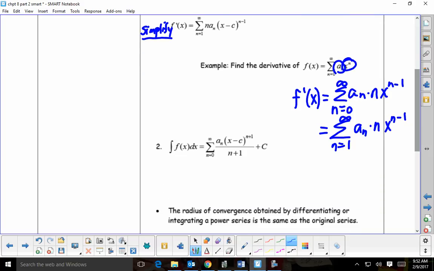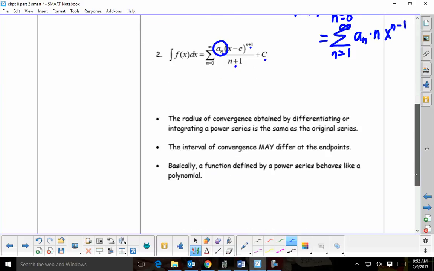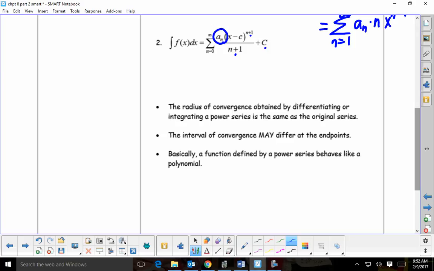The antiderivative, again, is just like the power rule. That coefficient goes along for the ride. I do my power rule by adding 1 and then dividing by my new power. And then I still have a plus c. When doing these, the radius of convergence is going to be the same.